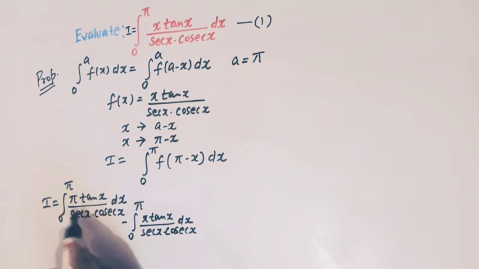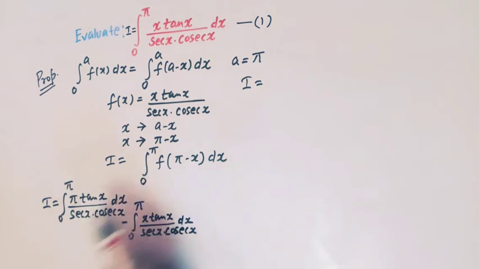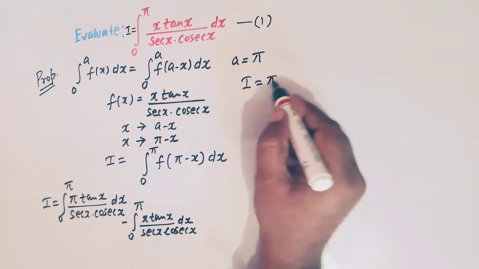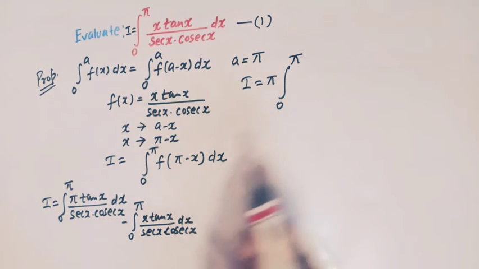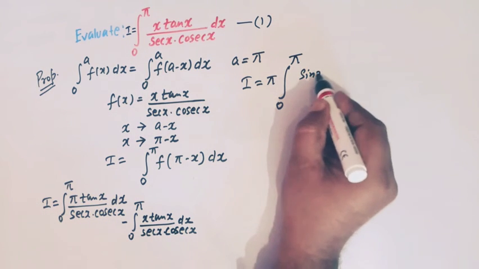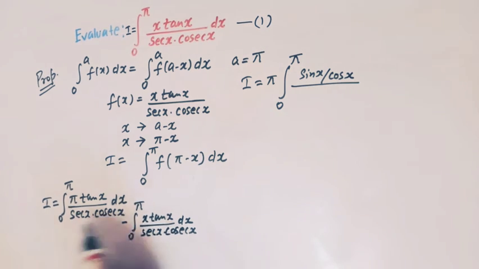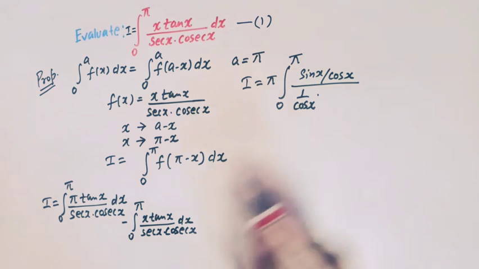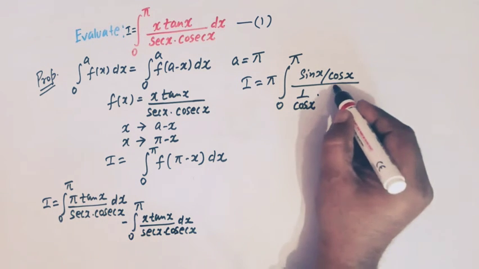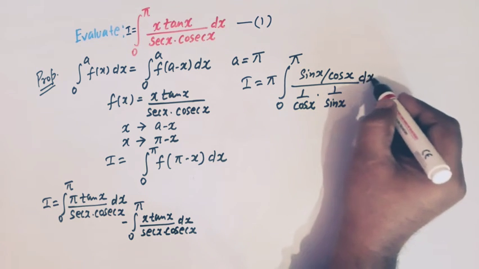So now this integral I can be written as, taking this pi outside the integral sign, pi times the integral from 0 to pi, and for tan x we can write sin x over cos x, and for sec x we can write 1 over cos x, and for cosec x we can write 1 over sin x, and dx, right?